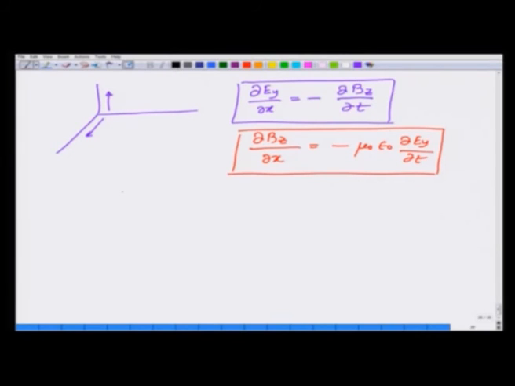Now, from the equation partial Ey over partial x is equal to minus partial Bz partial t, we see if the wave is travelling, this should be equal to plus or minus 1 over v partial Ey partial t, where v is the speed of the wave.